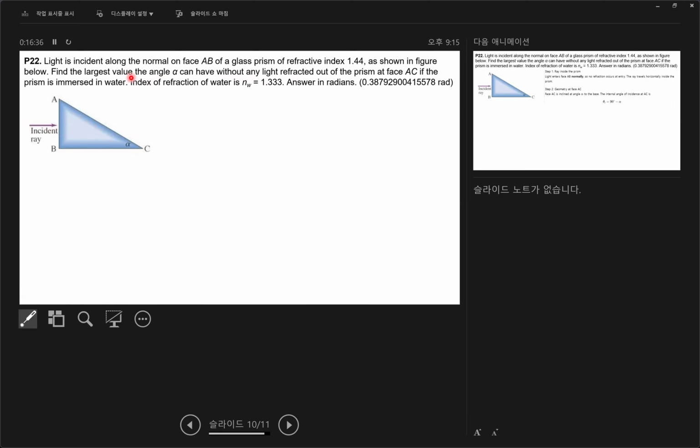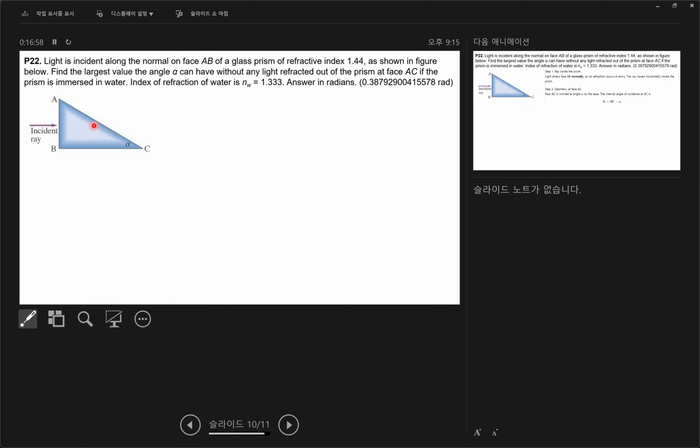So let's read a little bit further. Find the largest value of angle alpha without any light refracted out of face AC. We have water outside and the glass here.